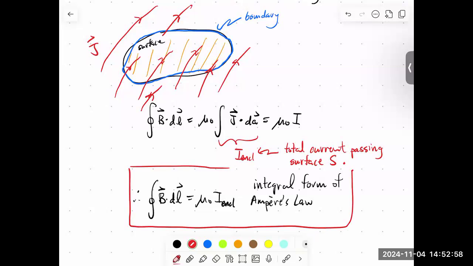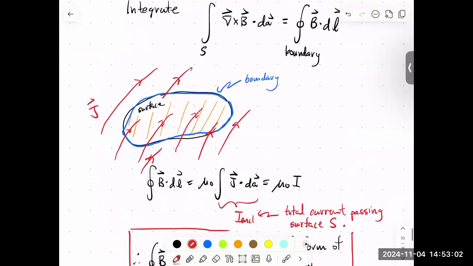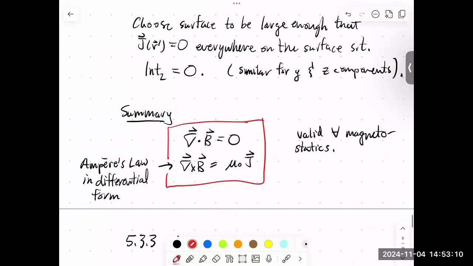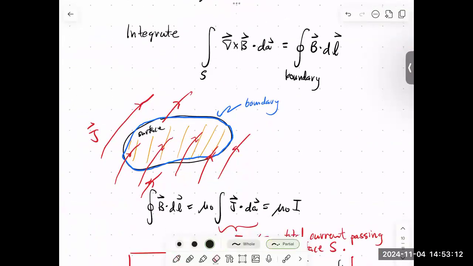Yeah, you're right. So maybe what I should have done is, well, I don't want to remove those. So let's see, the curl of B, yeah, the current density would have to be 0. You're right, I should have picked my surface so that we capture that current. So here, let me see if I can get rid of this one.